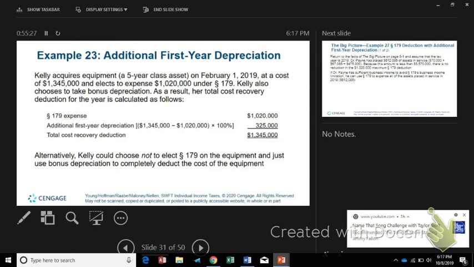So the first thing you're going to do is section 179 is $1,020,000. So you're going to subtract the $1,020,000 from the purchase of the $1,345,000. All right. So when you do that, they have $325,000 left, and they're going to take 100% of what's left, which is 325. So in the end, they're taking 100%.